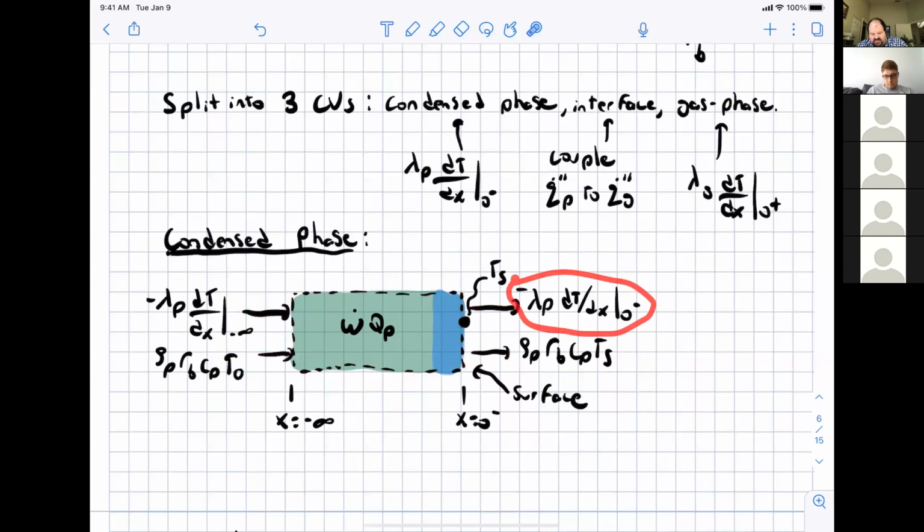Now I like to draw my heat fluxes going in the positive direction. So if we need to pop them into the differential equation, I don't make silly sign errors. And then also we will assume that the surface temperature of the propellant is at some temperature Ts, and we don't know what that is. And that's another little point that we need to find.